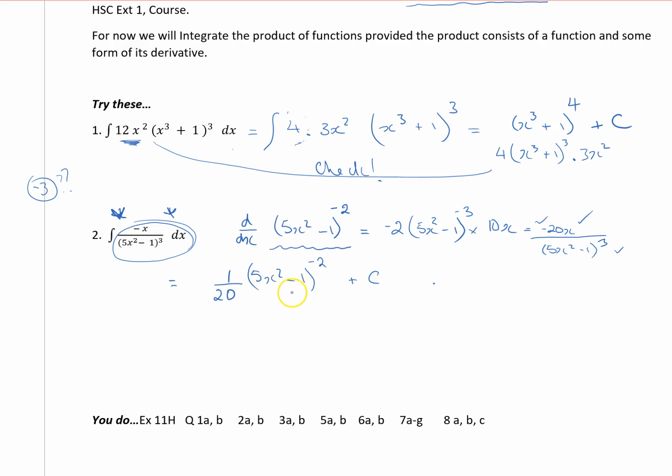And we could differentiate that. We could do our check, which would be this similar process to what I've done here. However, I would still have a 20 at the front, and another 20, and a 1 on 20, a fraction 1 on 20, which would cancel out my 20 and give me what I was asked to integrate. You should be right to do 11H now.